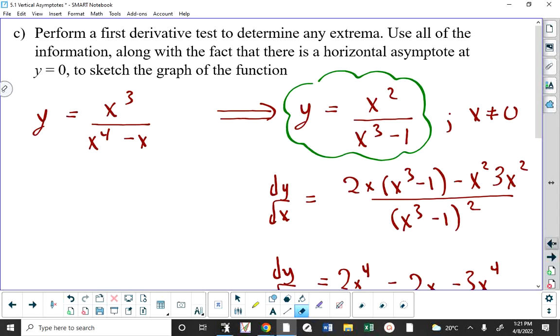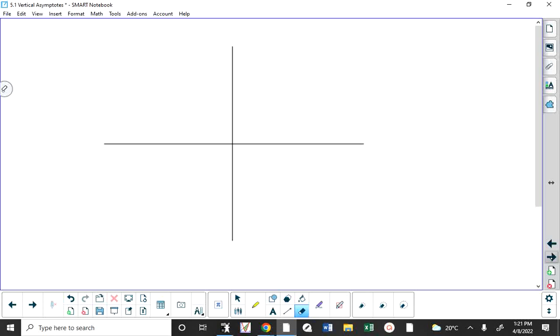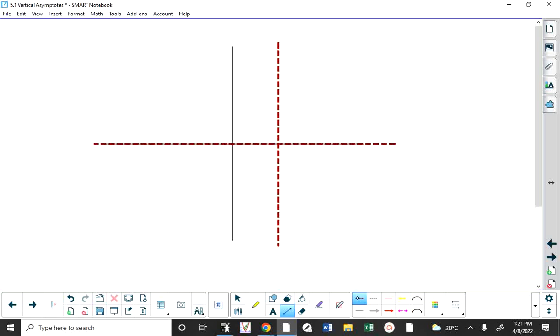So what we know about this function is that we have a vertical asymptote at 1. You're told you have a horizontal asymptote on the x-axis, and you're told that because you don't know how to find that yet, which we're going to learn officially on Monday.